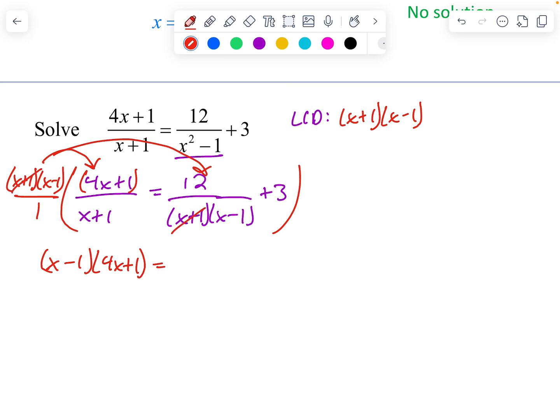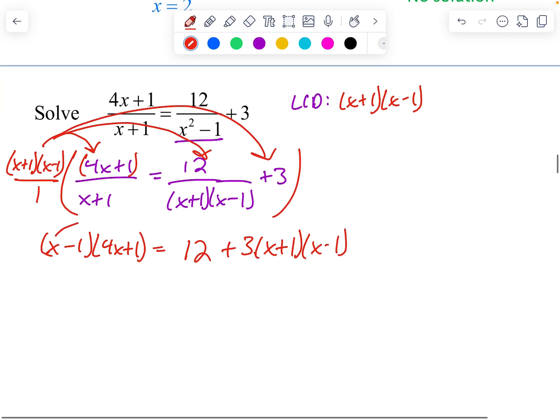Well, the x plus 1's and the x minus 1's. So that's just going to leave me with 12. If I distribute that into my positive 3, there is nothing in the denominator to cancel, so that's going to be a 3 times an x plus 1 times an x minus 1.